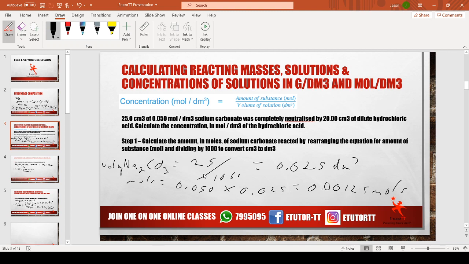Then we calculate the moles: moles equals 0.05, which was given to us, multiplied by 0.025 dm³, which gives us 0.00125 moles. That was step 1.